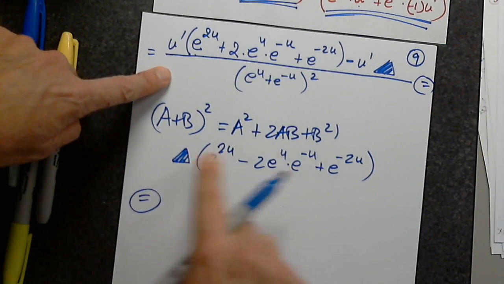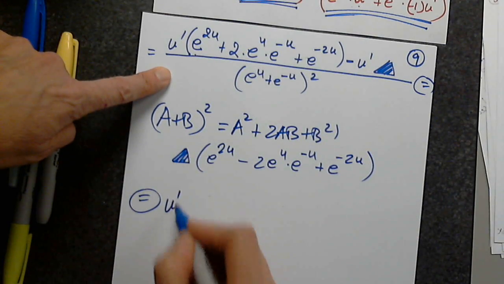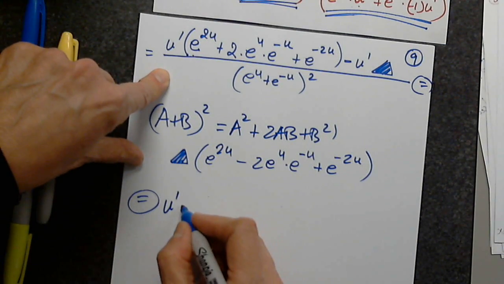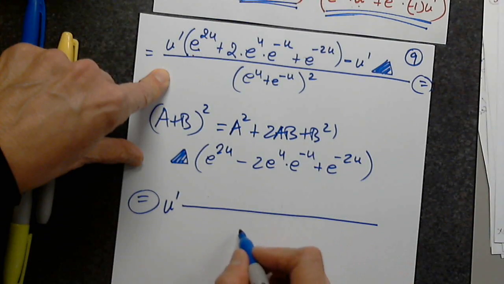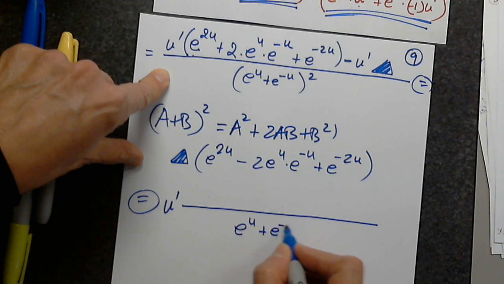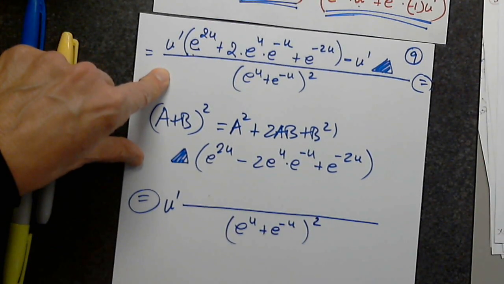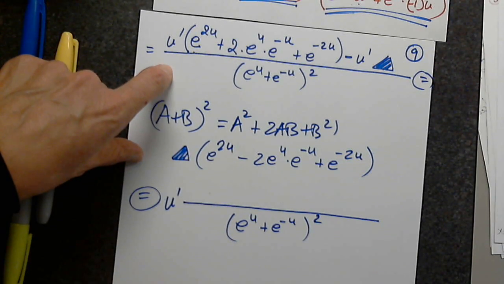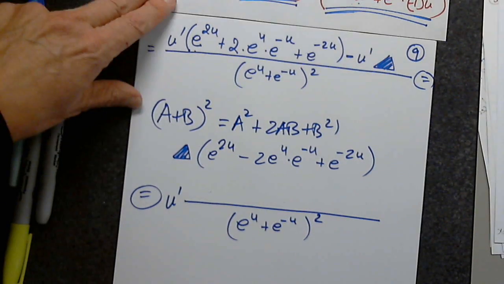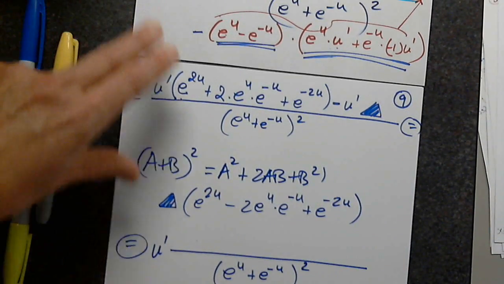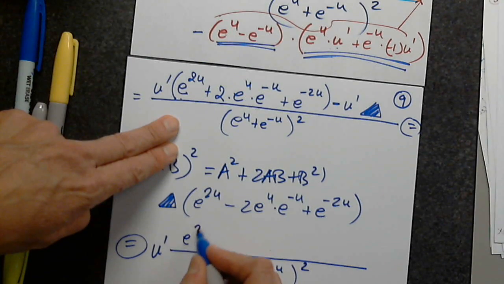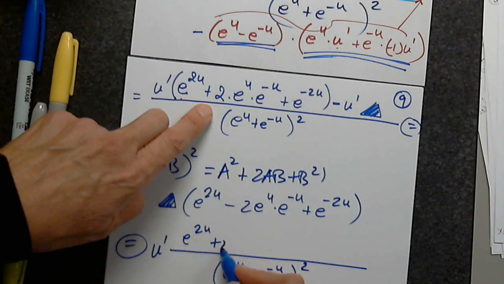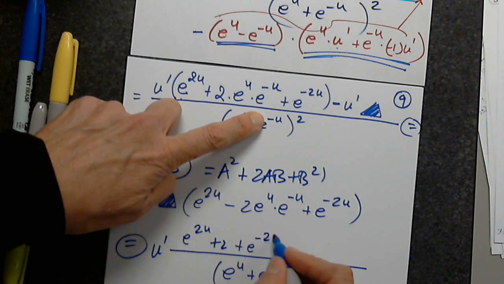From both of them, I will factor out u prime. The denominator is this, and we will simplify it in a minute, although I always say don't try to expand the denominator in any way, shape, or form. So we'll see in a moment if we need to. So this is e to 2u, but plus 2 plus e to negative 2u.